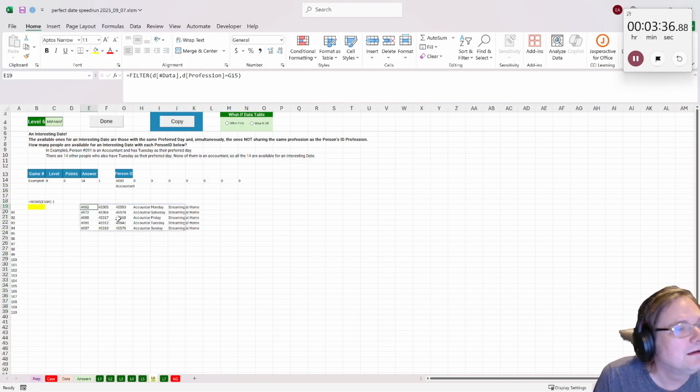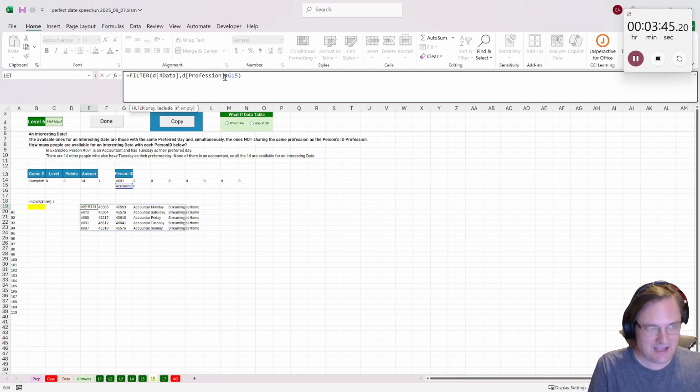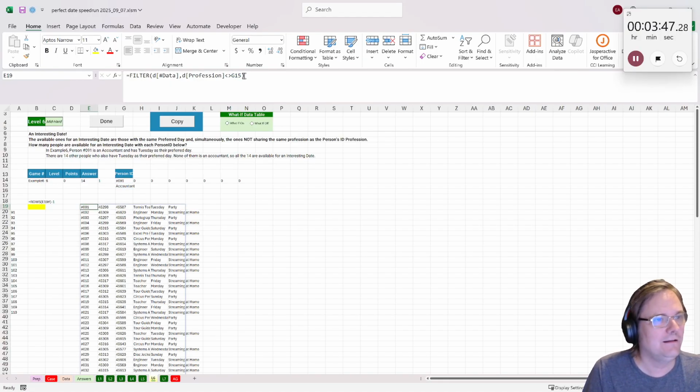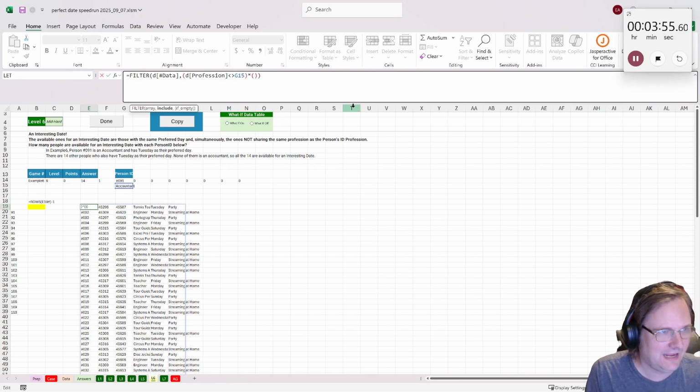All right. Now I need the same preferred day and does not have the same profession. So first of all, does not have the same profession, like that. And then to do an AND with the filter, I just multiply the 2 Boolean masks by each other. That's the same thing as an AND.